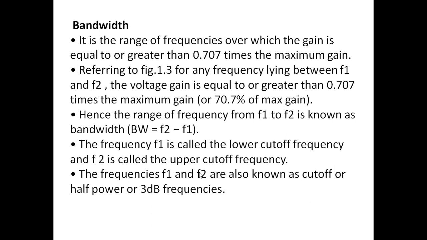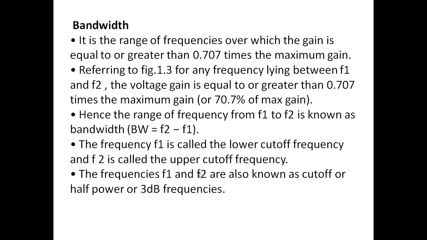The 70 percent or above 70 percent of the maximum gain gives the bandwidth. Referring to the previous figure, for any frequency lying between F1 and F2, the voltage gain is equal to or greater than 0.707 times the maximum gain, that is 70.7 percent of maximum gain.